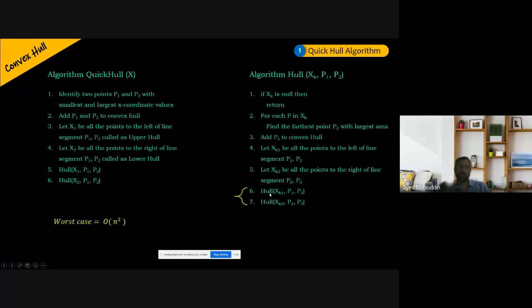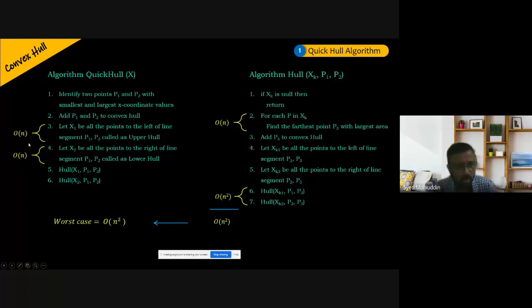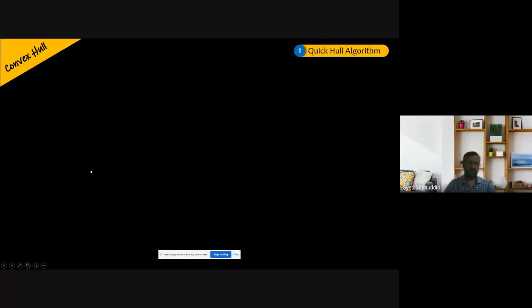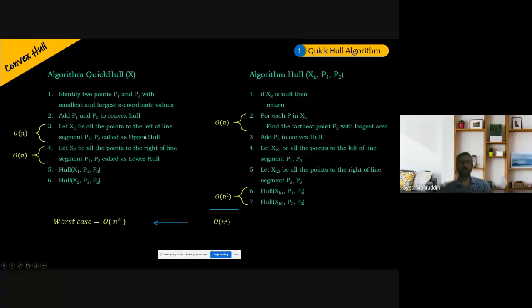Now, if you look at these two things, dividing the points into left and right will take n time. So creating the upper and lower hull takes n time. Then when hull is called recursively, for each point in the upper hull, again we are trying to find the farthest point, the largest area.